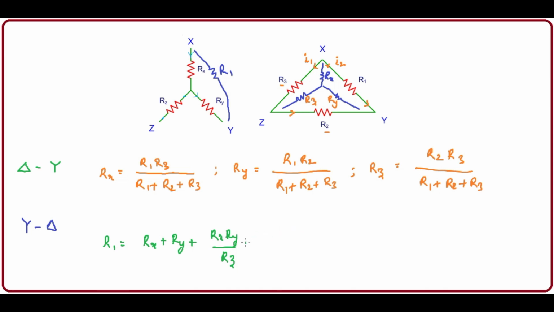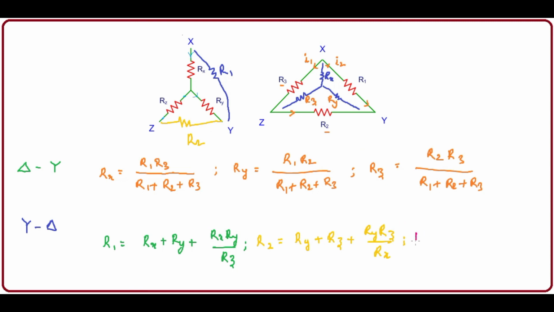Very simple concept. Now we can have the same thing in another manner. Let me go ahead with R2. So what is R2 now? R2 is here. Now tell me, simply the sum of connected resistors Ry plus Rz plus the multiplication of those two Ry Rz divided by the unconnected resistor, that is Rx.